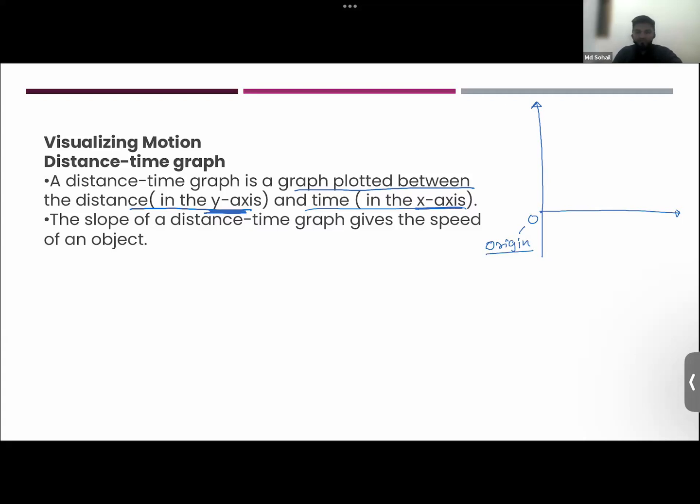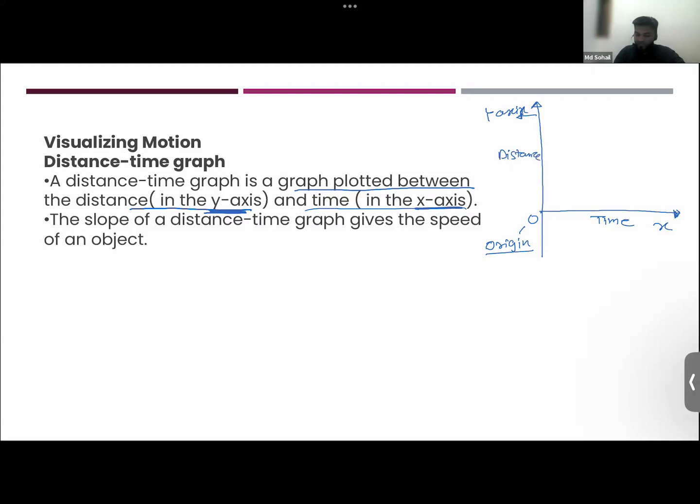This horizontal line is called the x-axis, and this vertical line represents the y-axis. So on the x-axis, what do we denote? We will be denoting time on the x-axis, and on the y-axis, we will be denoting distance.